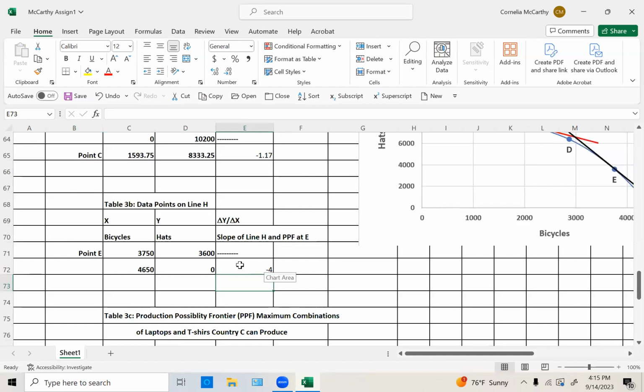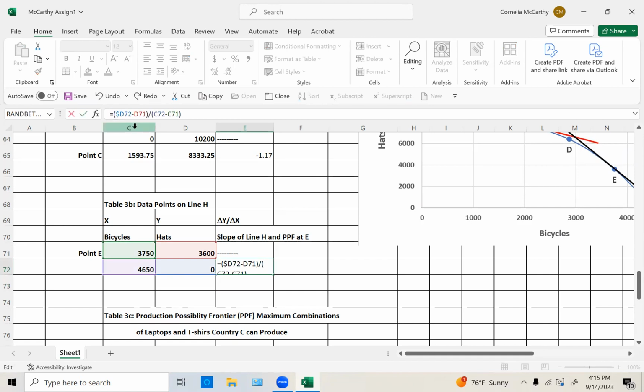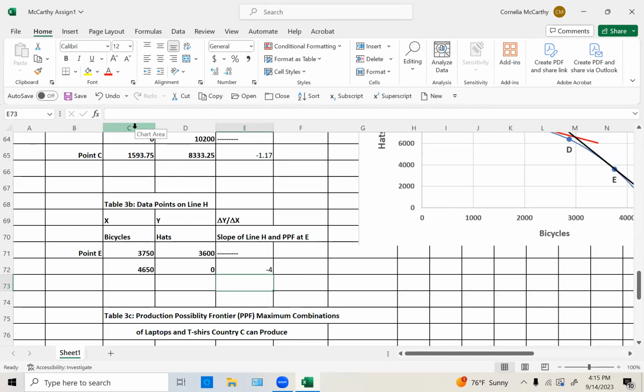So your formula is okay. I have minus 4 here. To copy that up above without changing it, put in the $ sign in front of each of the letters and numbers.